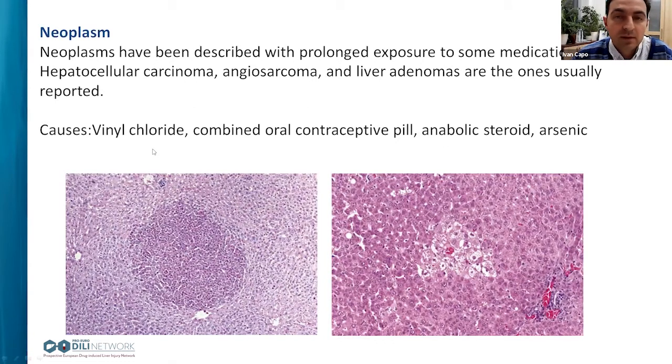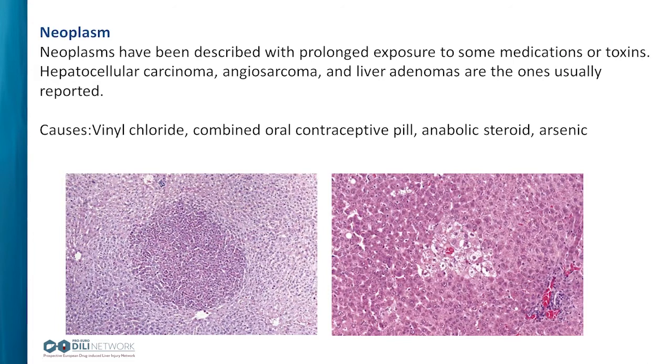Some drugs or toxins are well known to produce cytological alterations inside the hepatocyte, like vinyl chloride, combined oral contraceptives or something else, and can create a focus of damaged hepatocytes, which can lead to the development of hepatocellular carcinoma, some sarcomas like angiosarcoma, or some adenoma.